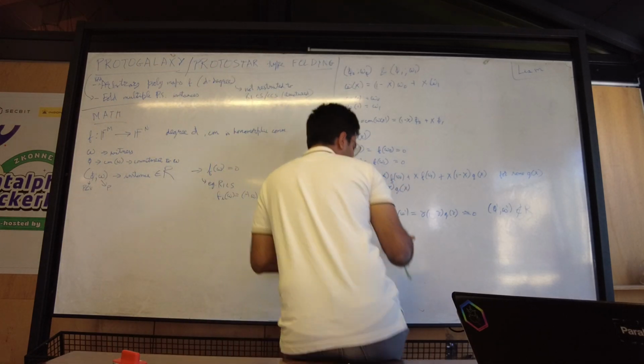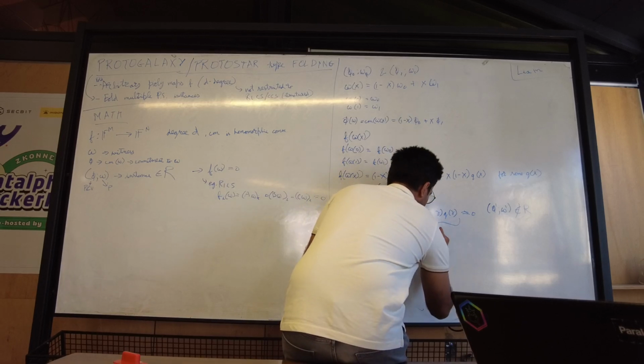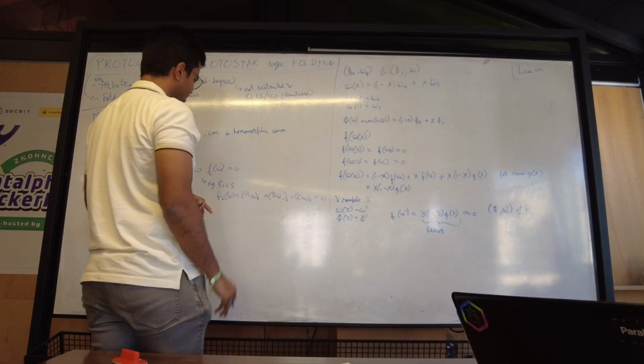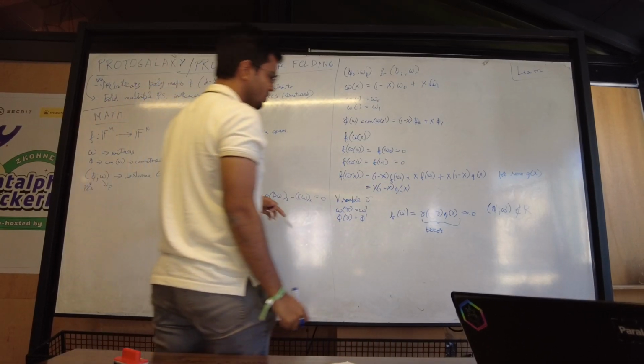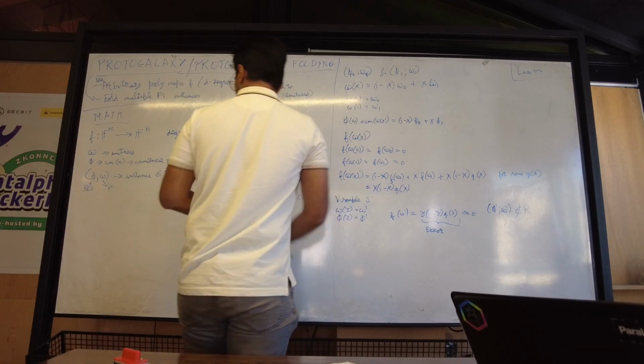So anyways, you define a new term E, which is the error, and you relax this equation by saying that f of omega, instead of being equal to 0, let me actually rewrite this.